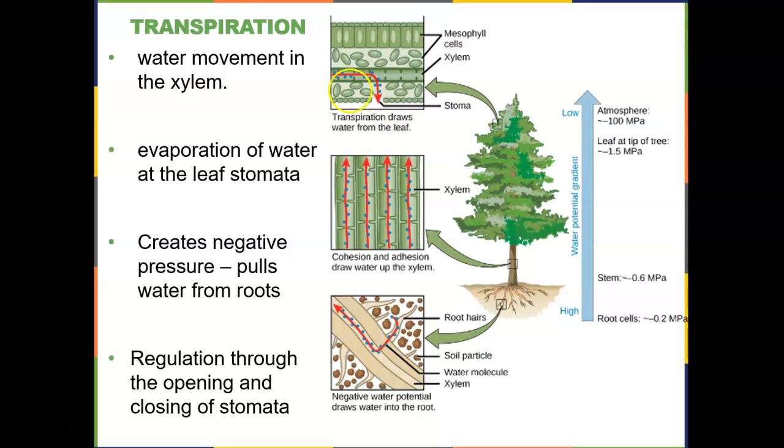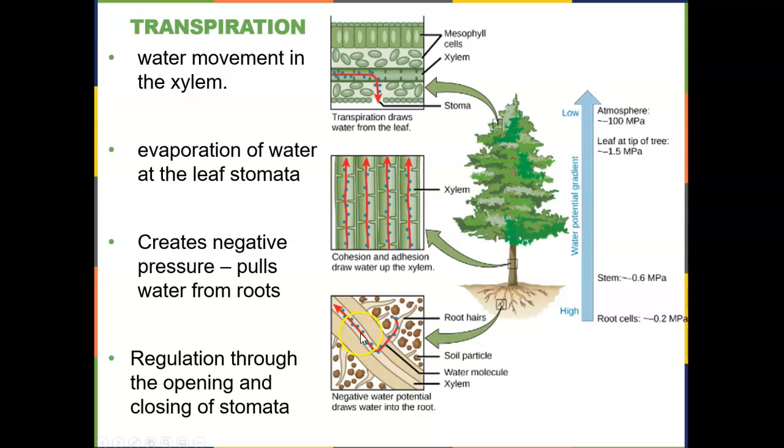And this chain extends through the leaf, down through the stem of the water molecules holding on to each other, and down into the roots. So that as one water molecule is pulled out through the stoma, it pulls more water up through the xylem tubes in the body of the plant and from the soil into the roots through the root hairs.